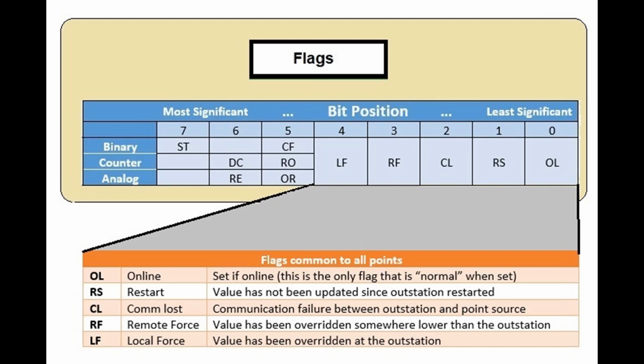The COM loss flag is set when there is a communication failure between the outstation and the point source, typically used when the outstation is a data concentrator. Remote forced says the value has been overridden somewhere lower than the outstation, typically also used in a data concentrator. And local force says the value has been overridden at the outstation location.